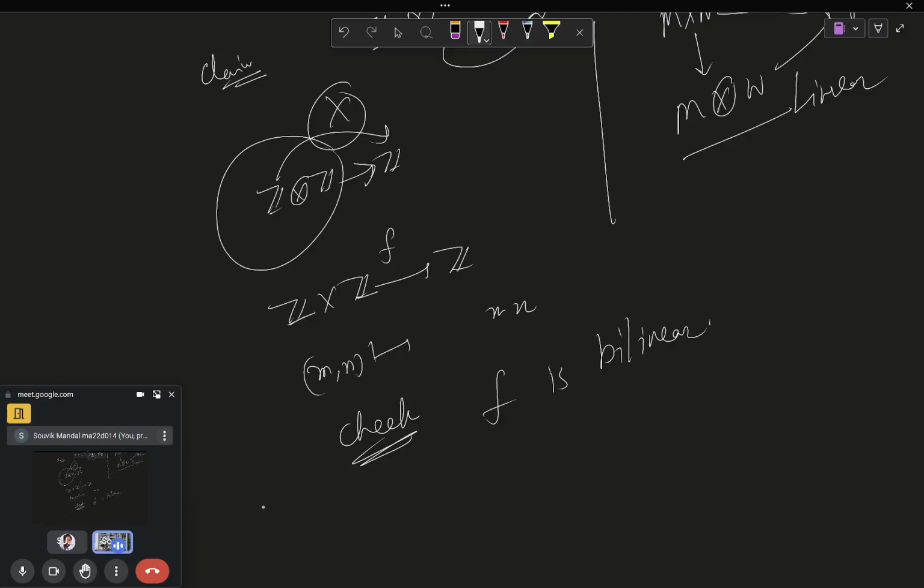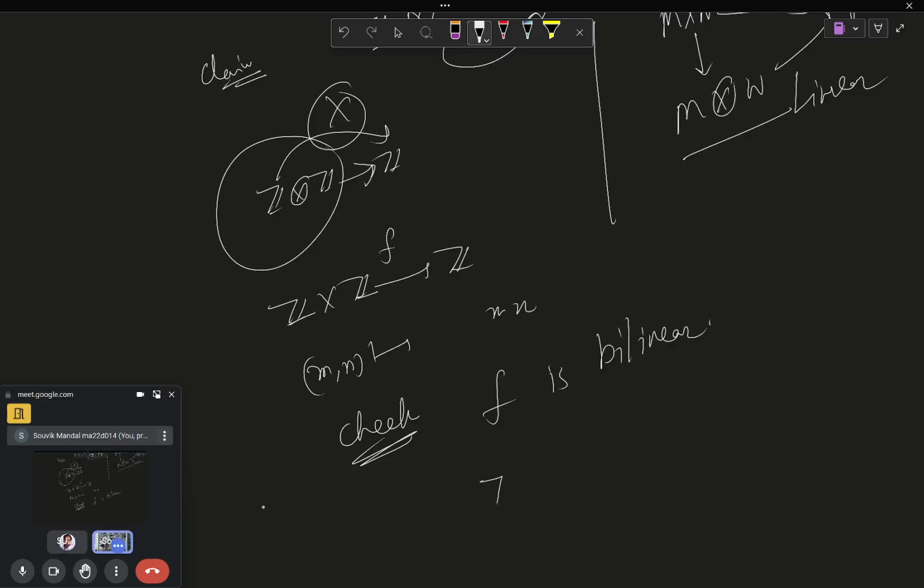So first check whether this map is bilinear or not. Yes, bilinear. It satisfies those three conditions. So it is bilinear.